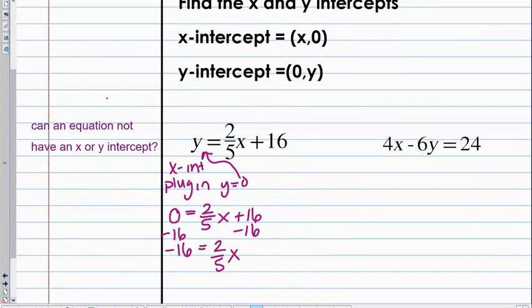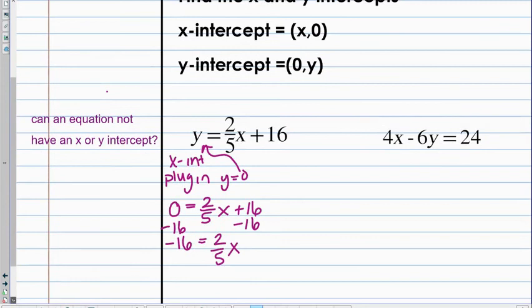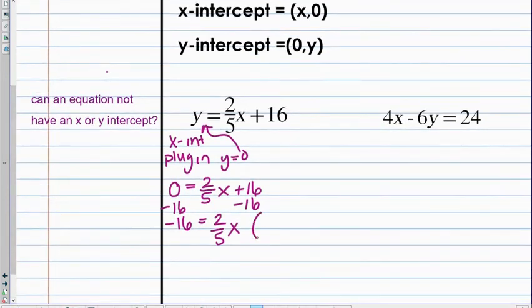Hopefully you remember how we get rid of this. That's probably not the right math term. But I'm going to do this in one step and multiply both sides by 5 halves. So what I get is negative 16 divided by 2 should be negative 8 times 5. I believe I get negative 40.